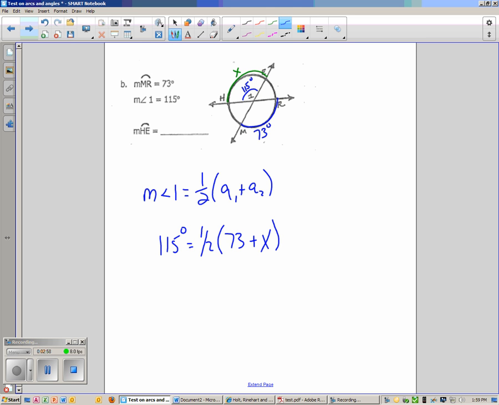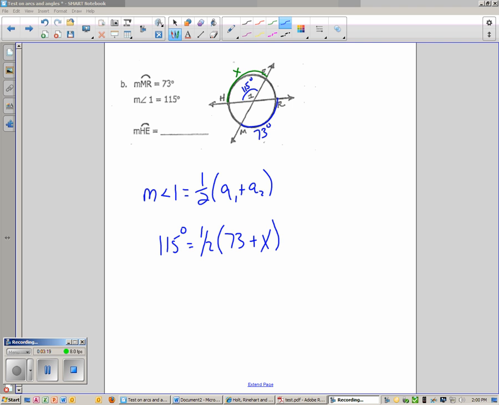So now I'm given this equation. So what I want to do is plug this into InSolve, or you can solve it algebraically. Now to solve it algebraically, I'm going to multiply both sides times 2 to get rid of that 1/2.